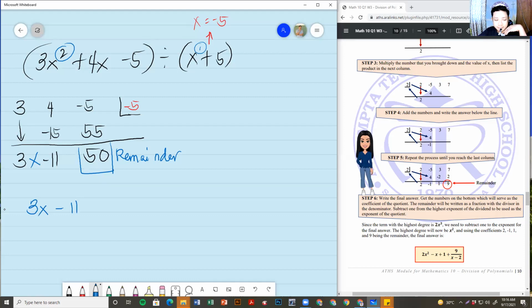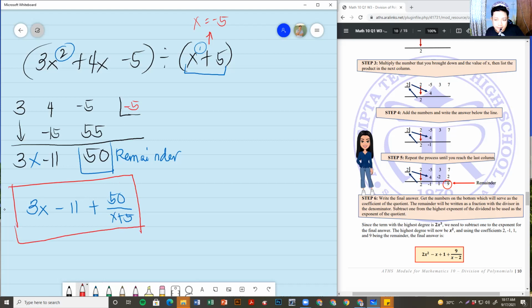Since it's a positive, plus 50 over whatever is your divisor, x plus 5, that will be the divisor of your remainder, x plus 5. So the remainder is always written like this, 50 over the divisor. Okay, so that's how you write the remainder of a given polynomial when divided.